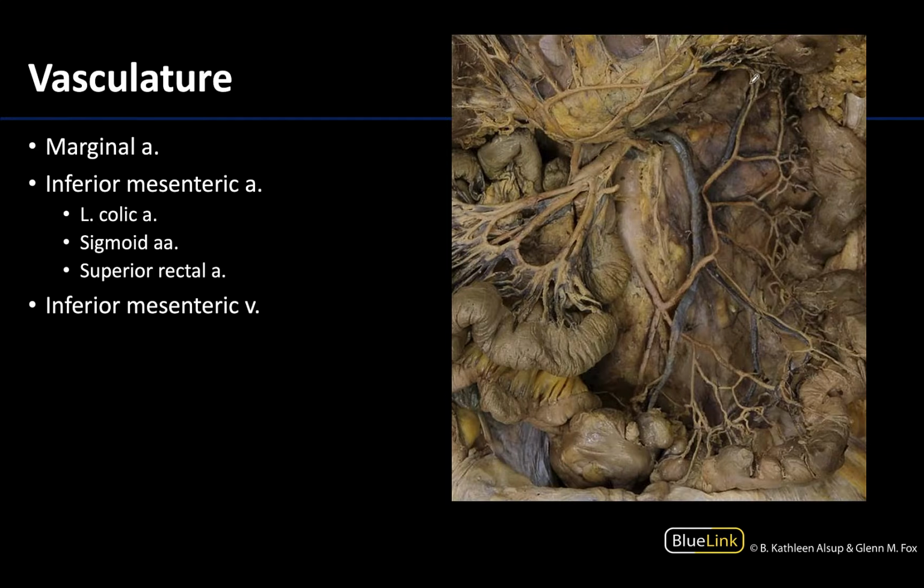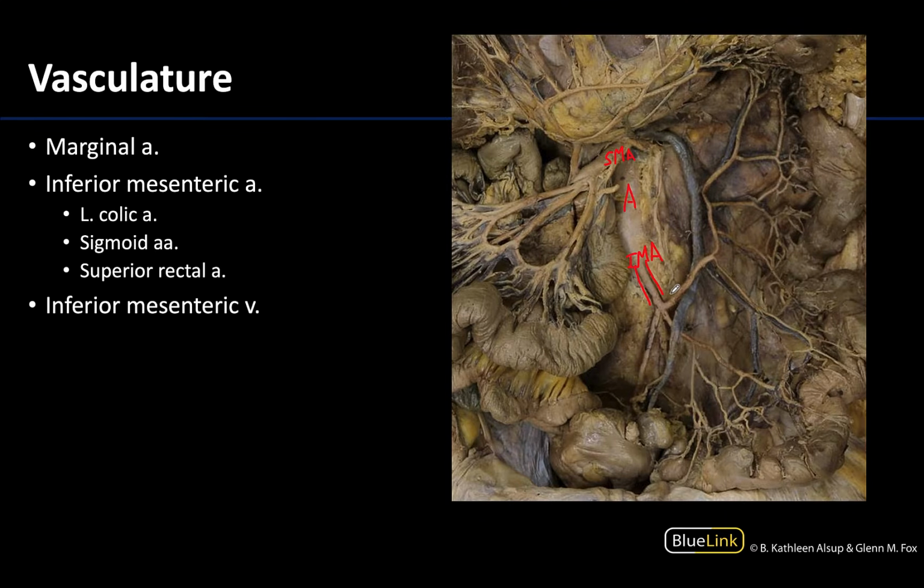Okay. In this view, we are looking a bit more inferiorly than we were in the previous image. Here is the SMA. And as we move inferiorly on the descending aorta, or the abdominal aorta, you can see what I'm outlining right here, the IMA, or inferior mesenteric artery.